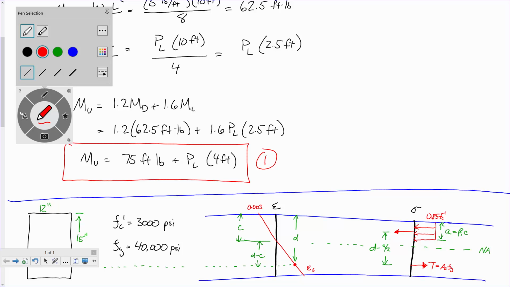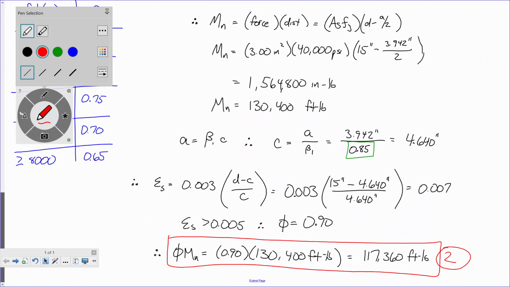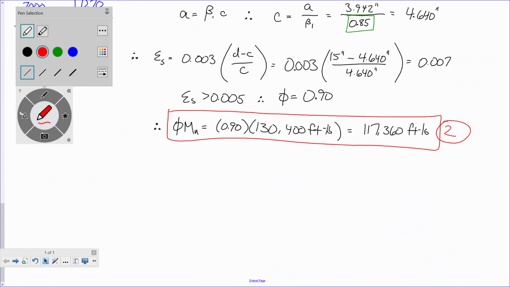So phi Mn has to be greater than this 75 pounds plus PL over 4, so I can set those equal to one another and solve for PL. 75 plus PL times 4. I can scroll up and down as much as you all would like.